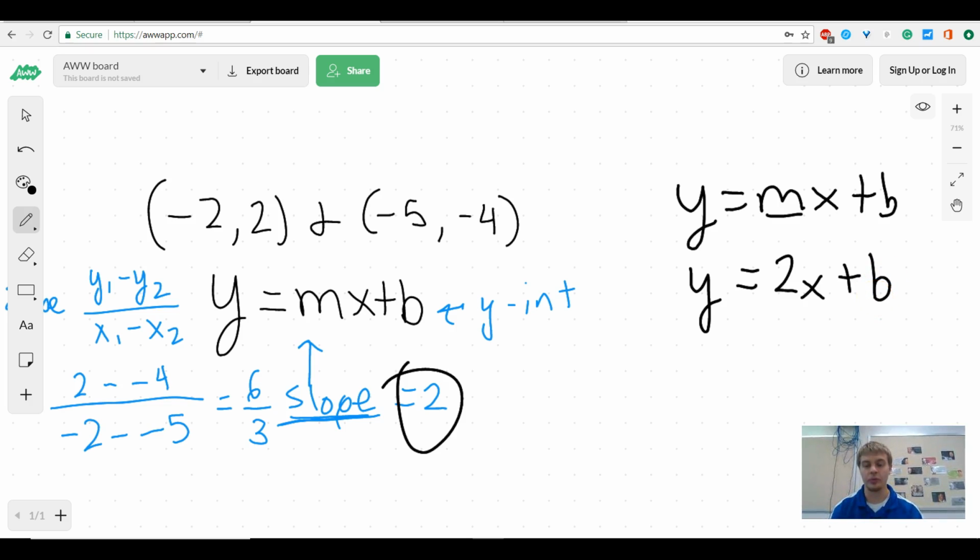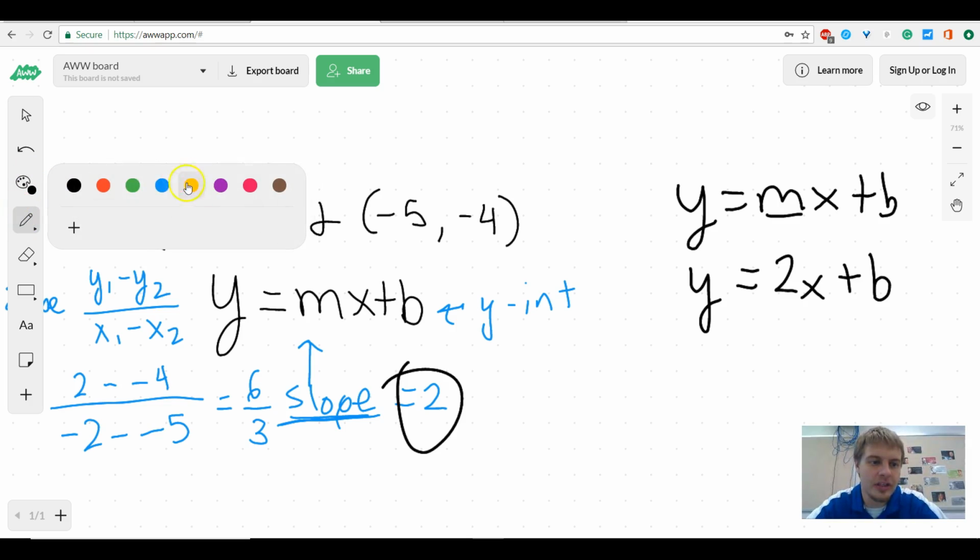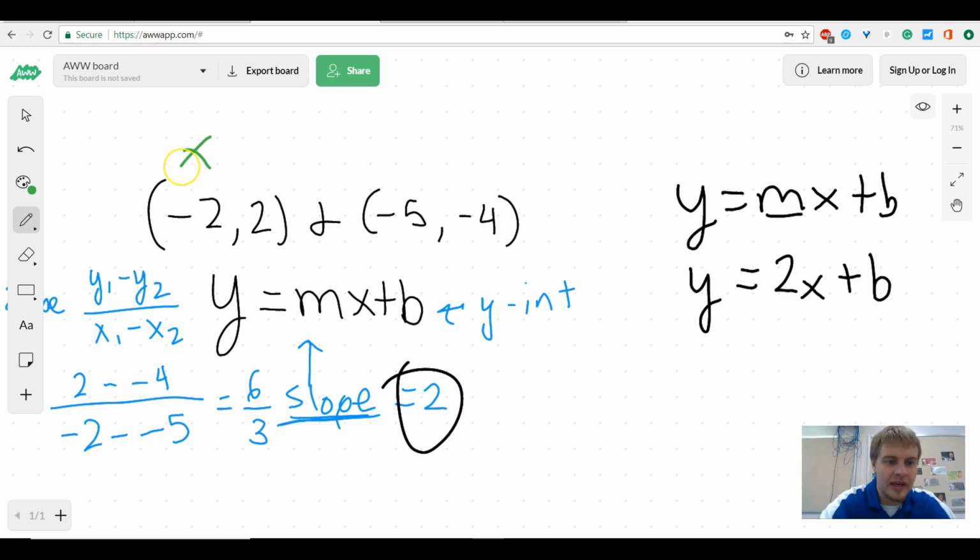Now I have to find my y-intercept. The issue right now is that none of this information tells us our y-intercept. This information will tell us some nice things though. It will give me an x and a y, which are also missing information here.